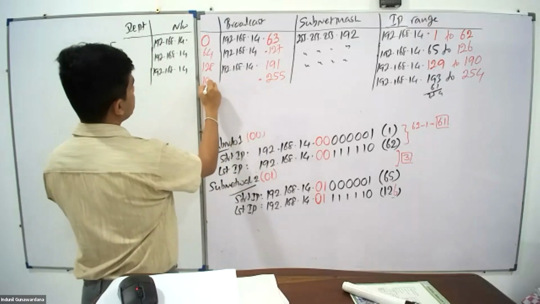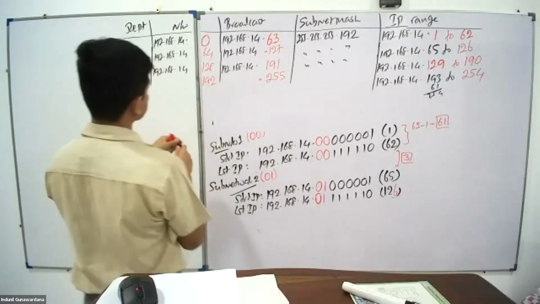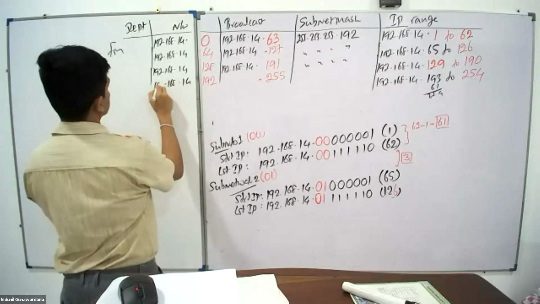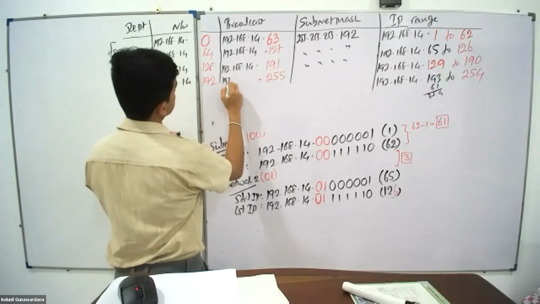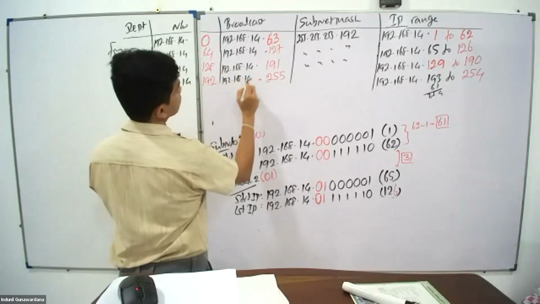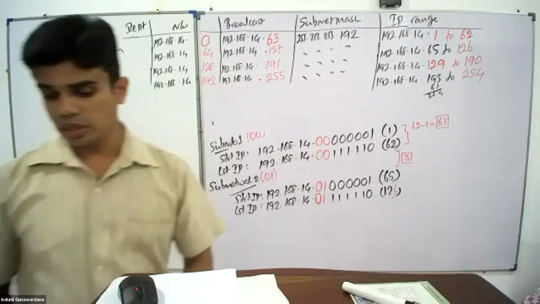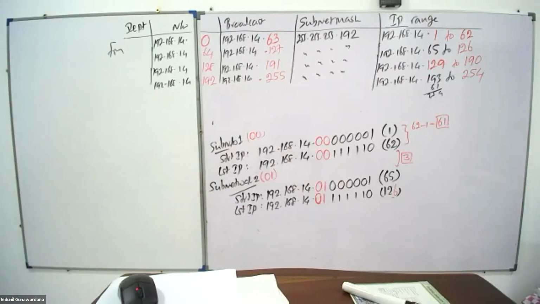This is going to be 192, and the same part remains. Right. So this is what the table, what we expect, what we need. Hope that you are clear. Fine.